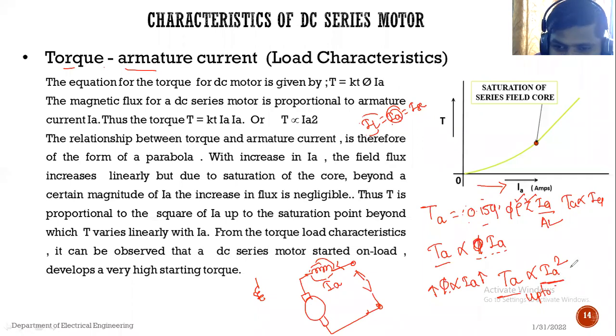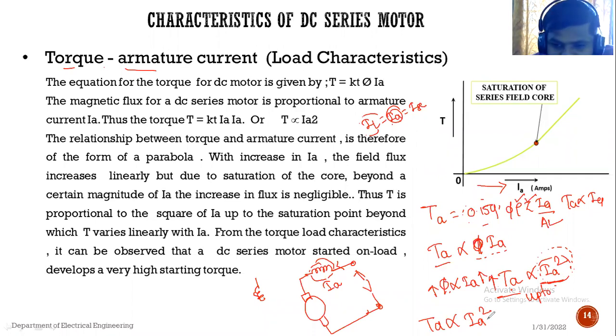That means the torque is proportional to the square of the current. Torque is proportional to the square of current.